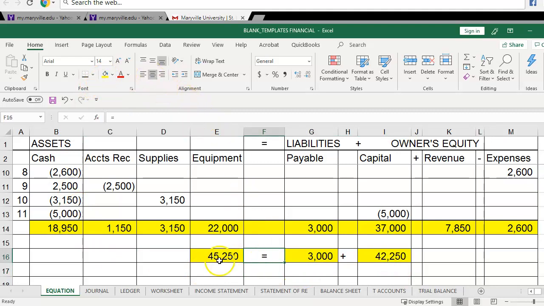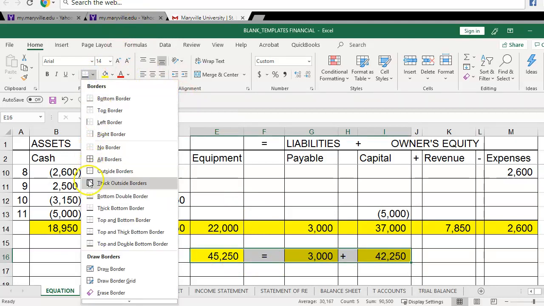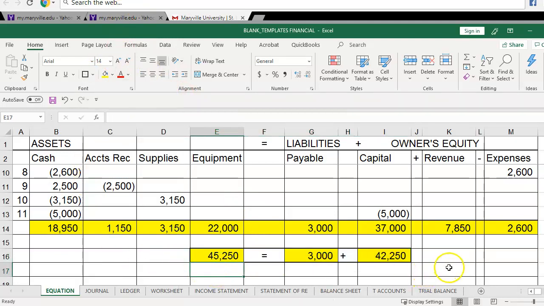When I add my liabilities plus my equity, it has to equal my total assets, and it will. If you add those two together, both sides of the equation total $45,250. This is how you use the accounting equation to record a company's different types of business transactions.